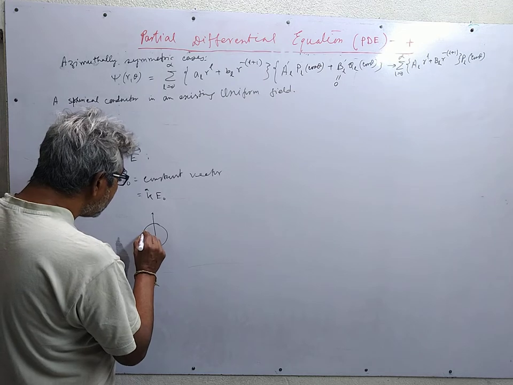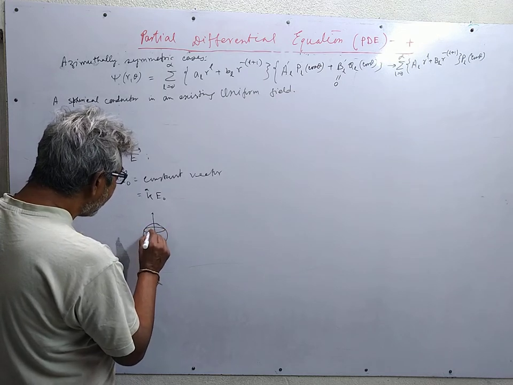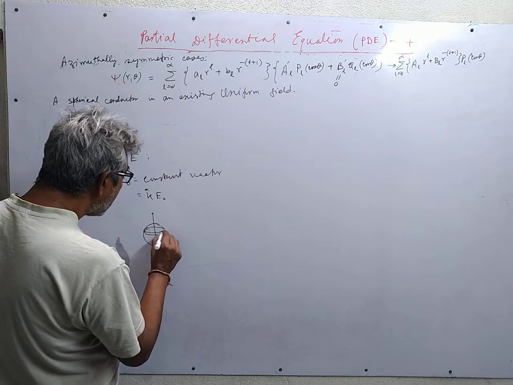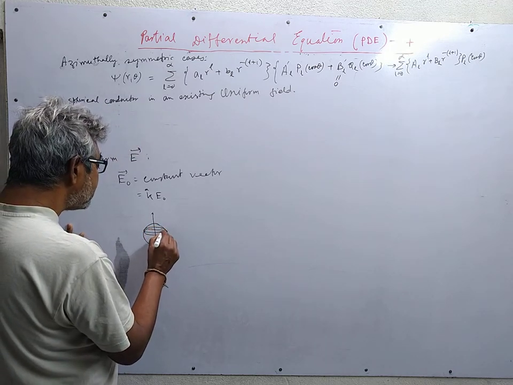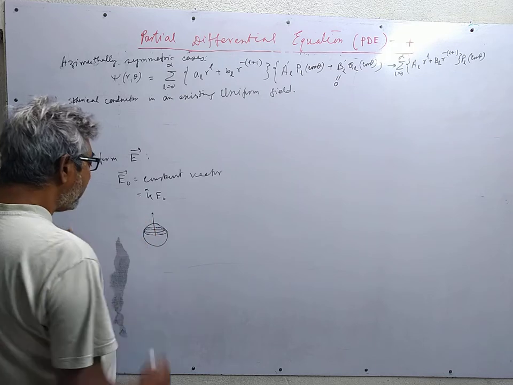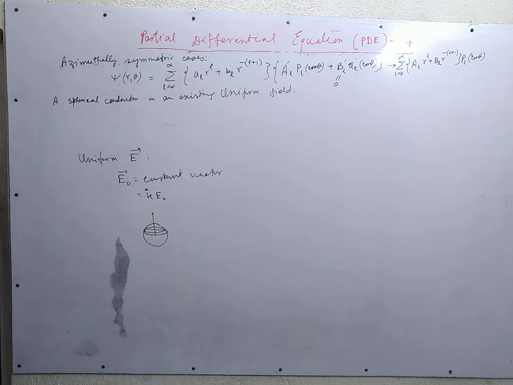But if we consider a strip like this, then the charge separation will be the same at all points on the strip. That is to say, the system will have azimuthal symmetry if we choose the constant electric field to lie along the z-axis.